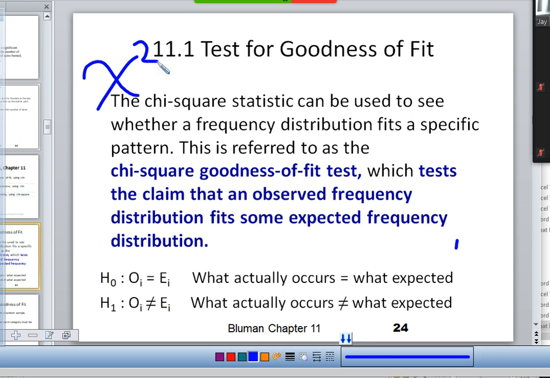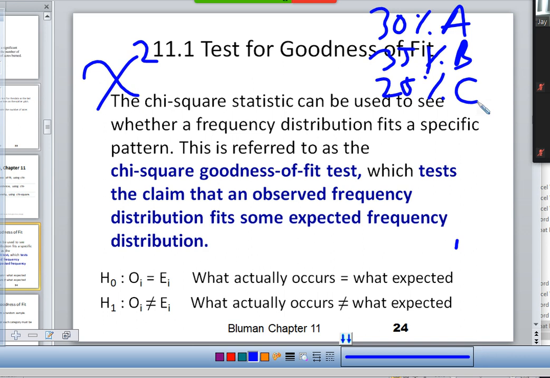It's a test to see if what you observe matches something that you expect. So, for example, say I expected 30% A's and 35% B's, and I expected 25% C's and like 5% D's and 5% F's.